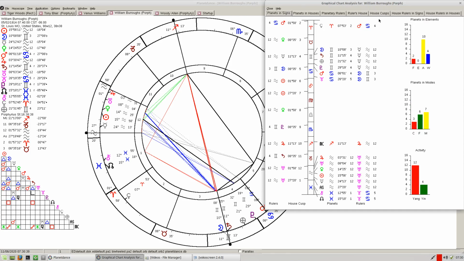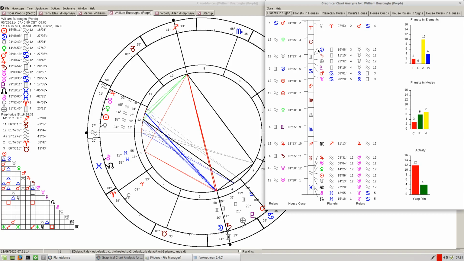On the left hand side of the panel you have a presentation of the chart, in this case William Burroughs, whose chart we're using for the case study again, in a scope format. So you have the signs Aries through Pisces presented vertically. On the right hand side you have the planetary positions, and on the left hand side you have the house cusps and house ruler information.